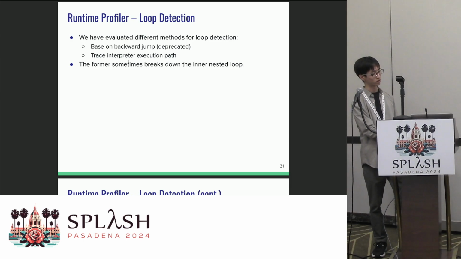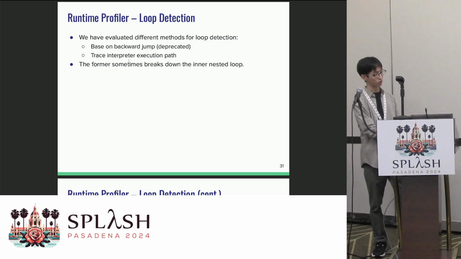The first one is based on the backward jump. If a backward jump is detected, we directly offload the execution to the JIT compiler, and this may sometimes break down the inner loop. So we decide not to use this method.